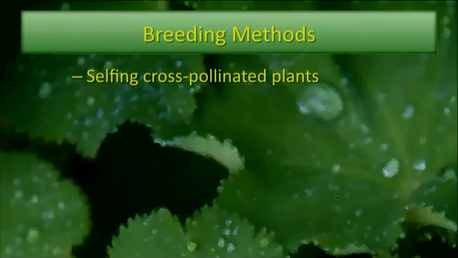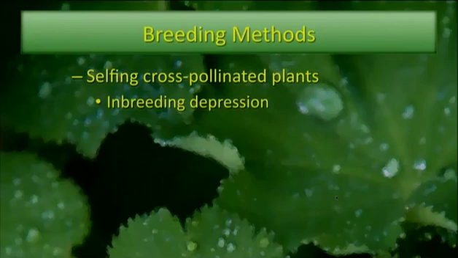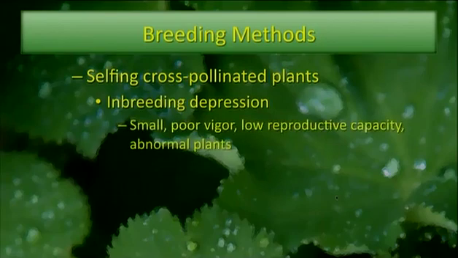If you self-pollinate cross-pollinating plants, that can lead to something called inbreeding depression. That's actually a term in biology. You get small plants with poor vigor, low reproductive capacity, low reproductive health.